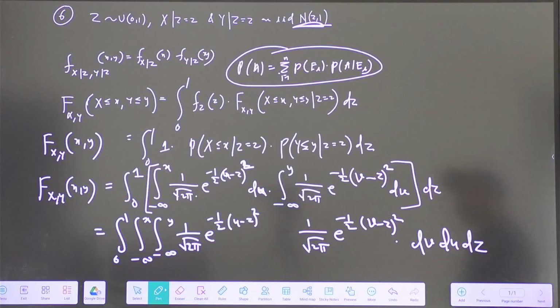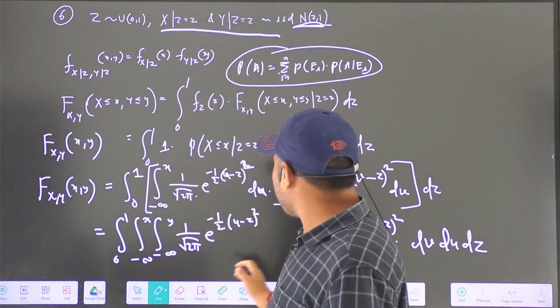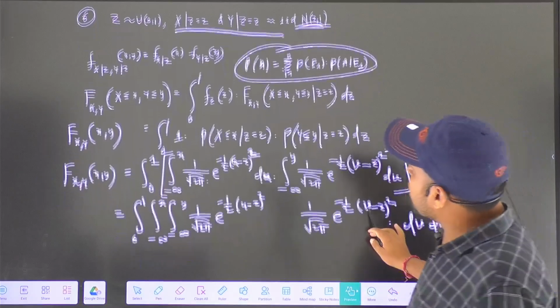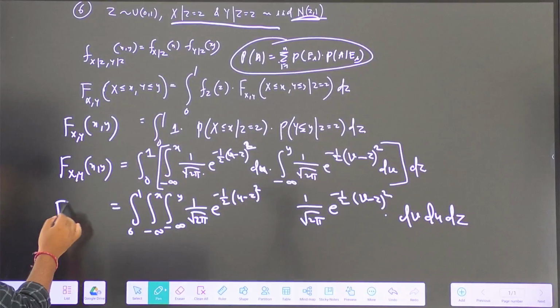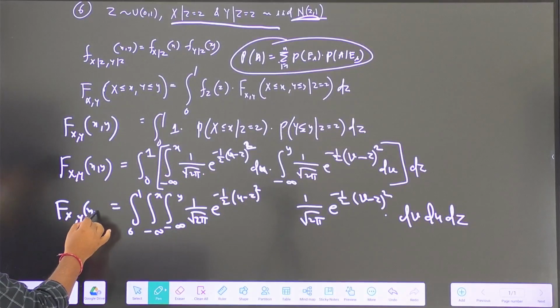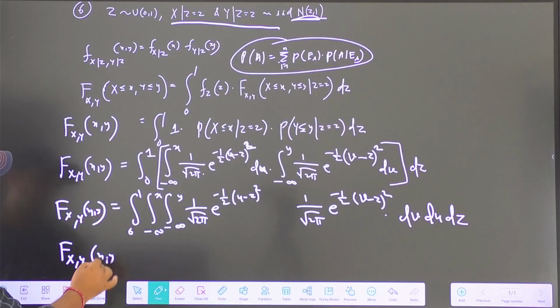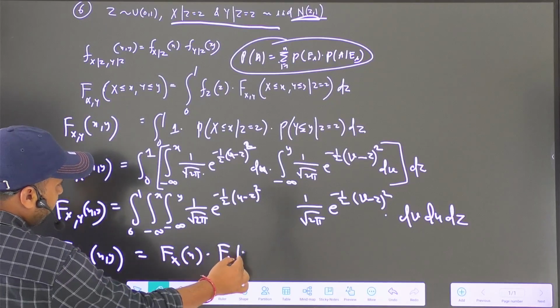So I think they are independent. The question is, will it be just a function of x into a function of y? We are trying F of x comma y. We don't know what it is. Will it be some CDF of x at x, CDF of y at y?